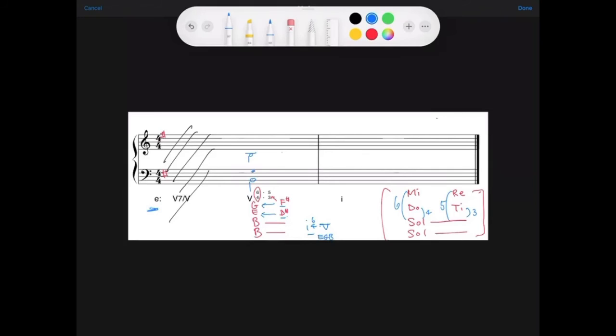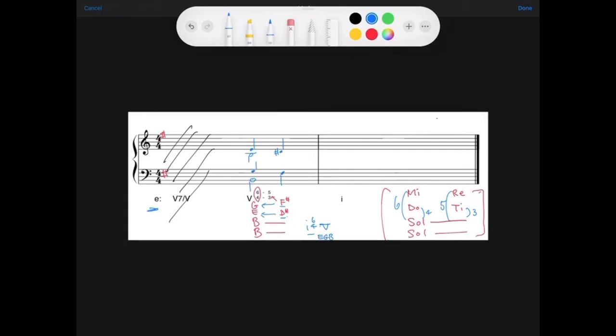For spacing convenience, I'm going to put G here in the tenor, and I'll assign the E to the soprano. According to the notes we took earlier, E will step down to D sharp. And don't forget the sharp because that's the leading tone. You need to add that accidental there. And G will step down to the F sharp.